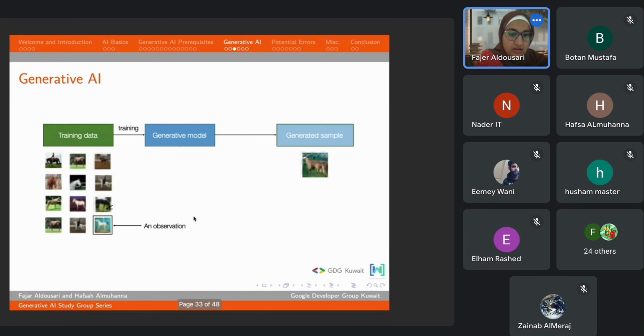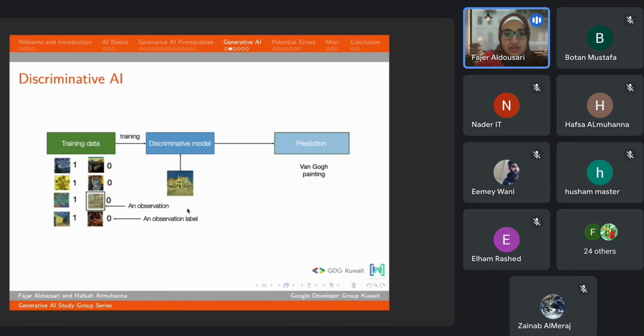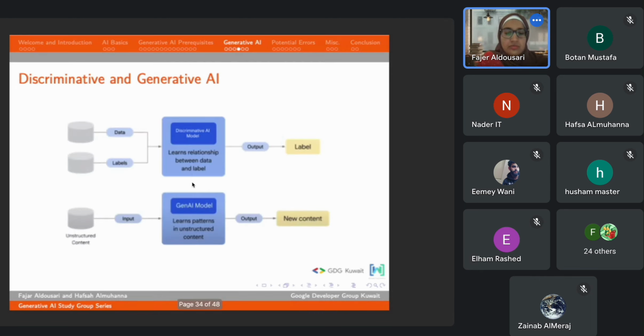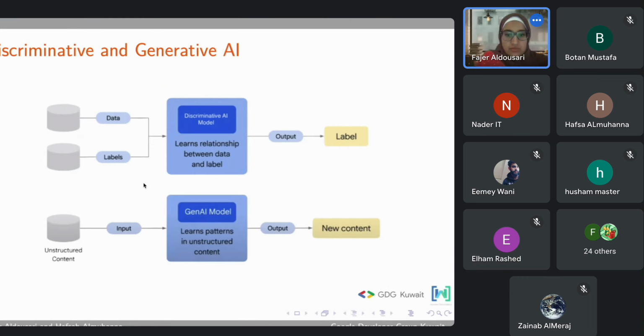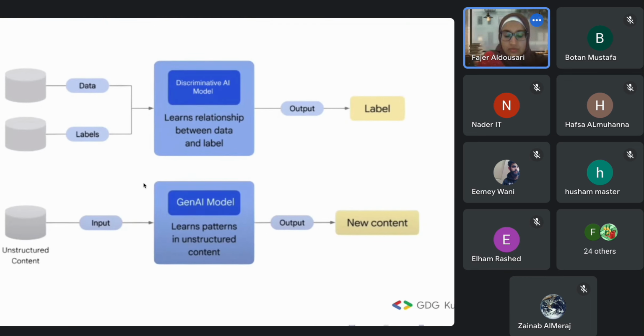But in generative AI, you give it training data and the model trains on it, but it's able to give you a sample that is different from what you initially trained it with. So this step is sort of skipped in generative AI. You just put in unstructured content, and the generative AI model learns patterns and then outputs new content.